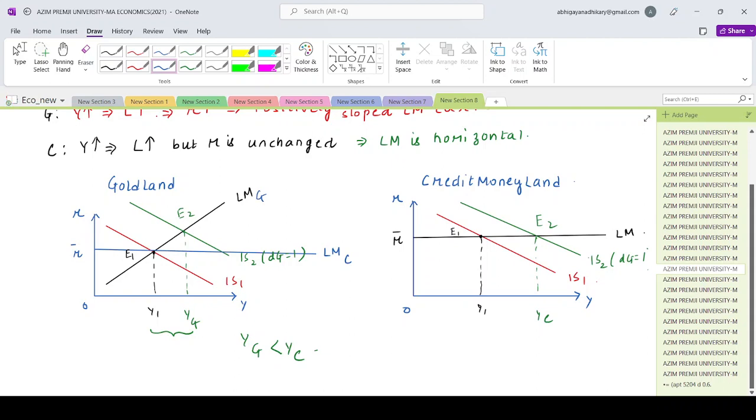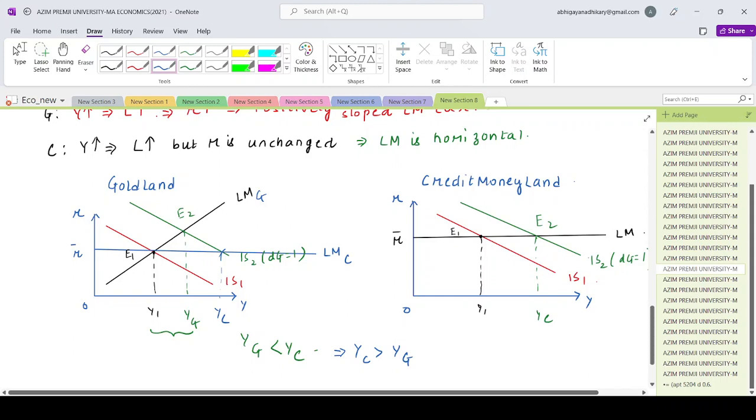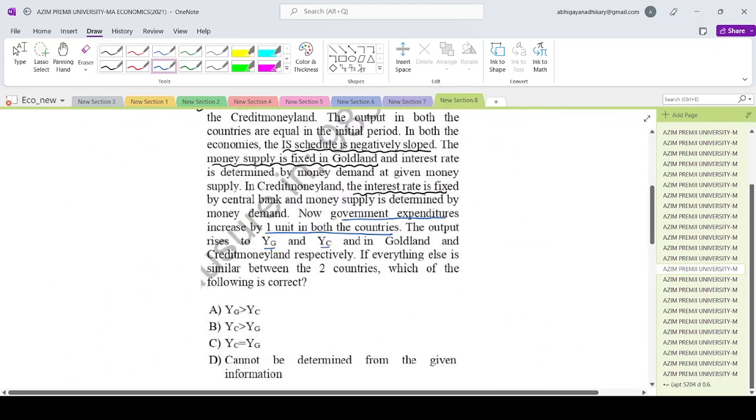The initial equilibrium is the same, with the same increase in government expenditure. With Gold Land, we have an increase till YG, but with Credit Money Land, we have an increase till YC. So YC is greater than YG. That's your answer. That is option B in the options. Thank you.